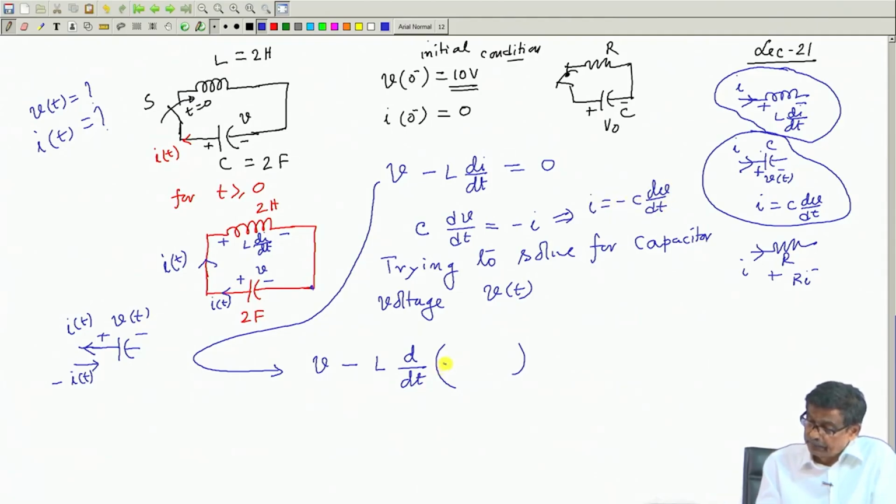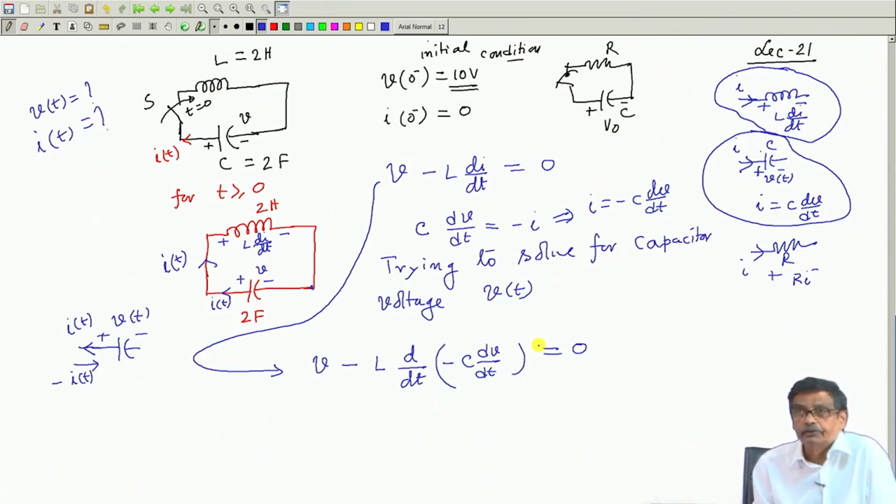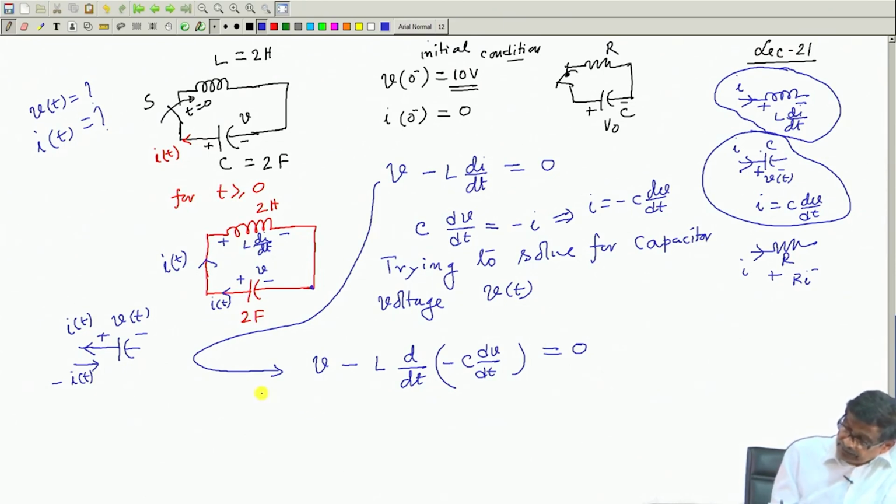So, put it here: minus C dV/dt, and that is equal to how much? 0, because there is no external voltage, the forcing function is 0. The initial energy stored in the capacitor will drive the circuit, we will see.